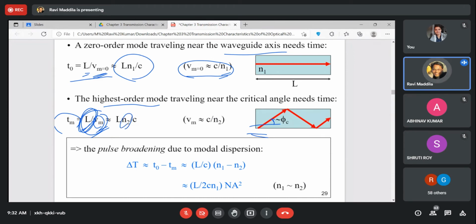So this N2 is the refractive index of the cladding, and since the optical pulse is not propagating in the cladding but the core, N2 should not be considered here. Okay. So this is a rough estimate of the pulse broadening due to modal dispersion.